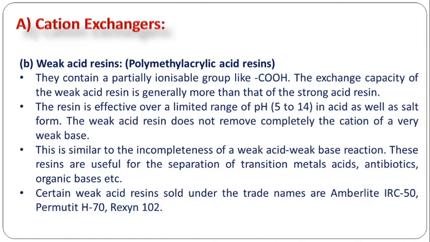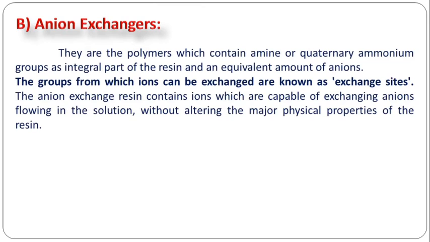Now we'll see anion exchangers. They are polymers which contain primary amines, secondary amines or quaternary ammonium groups as an integral part of the resin, and an equivalent amount of anions. So according to the anions to be exchanged, an equivalent amount of this amine functional group is present in the resin.